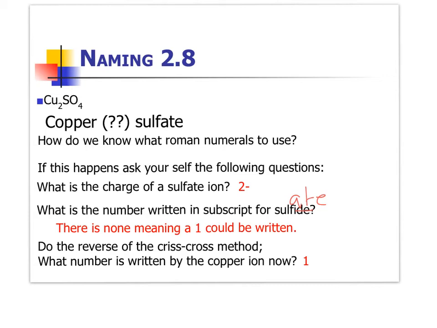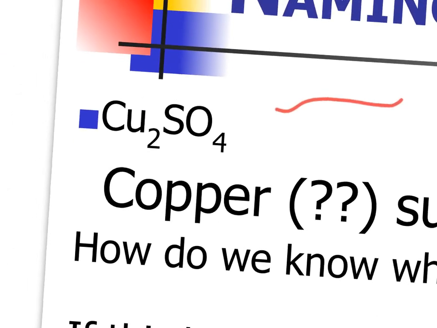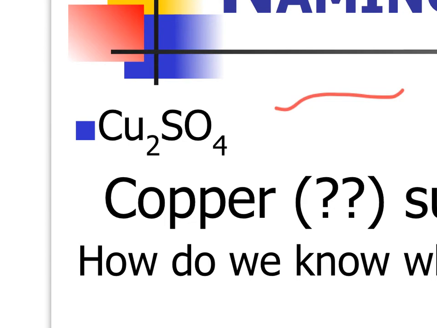Well, do the reverse crisscross. That means the 2, if we look in here, the 2 would go to the sulfate. This 1 here that really isn't there but could be written would go to the copper. That's the reverse crisscross method.